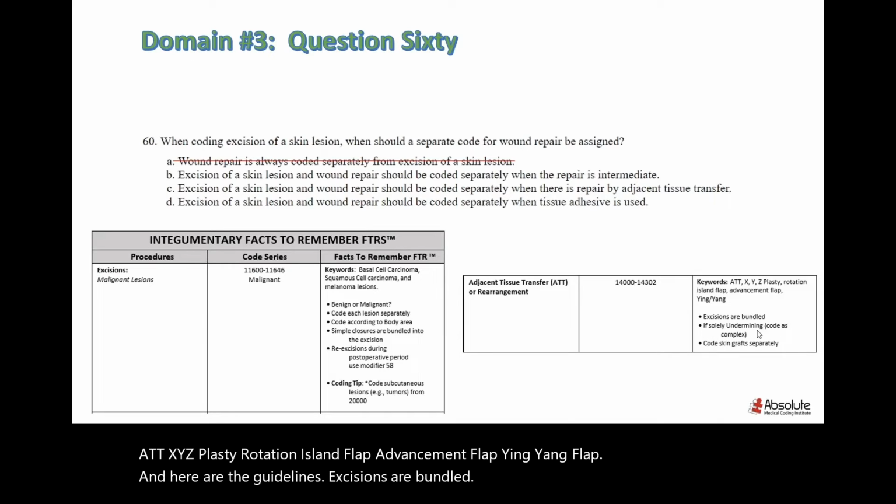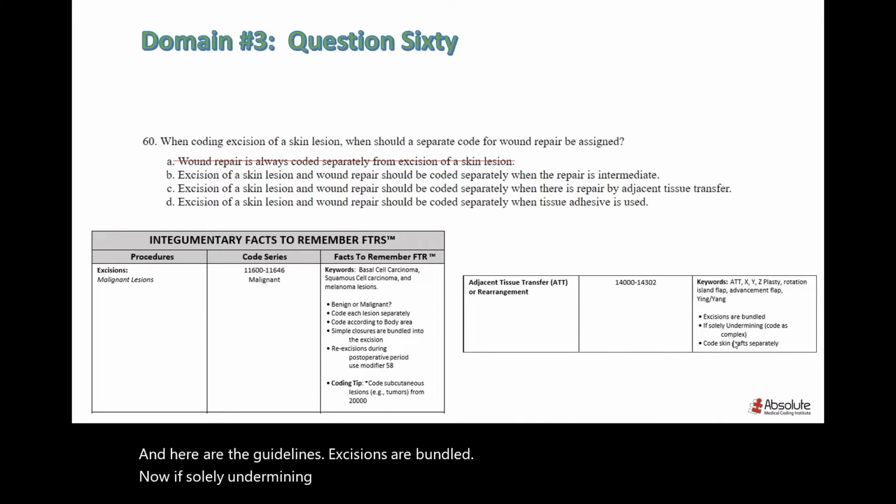Now, if solely undermining was carried out, you code it as a complex repair and code skin grafts separately. So C is incorrect because ATT bundles excisions.